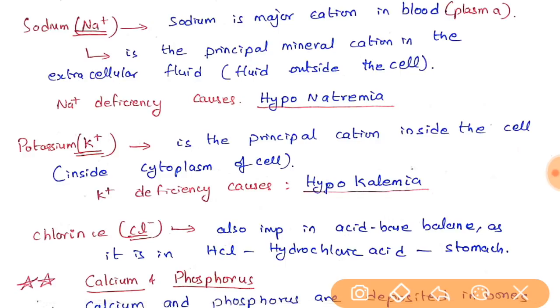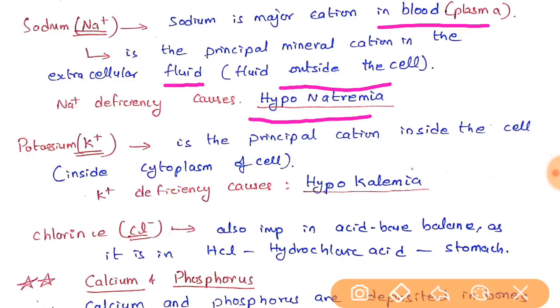If we see about Na+, sodium is the major cation in blood, that is plasma. Na+ is the principal mineral cation in the extracellular fluid outside the cell, and Na+ deficiency causes hyponatremia. See, friends, natrium is another name for sodium.